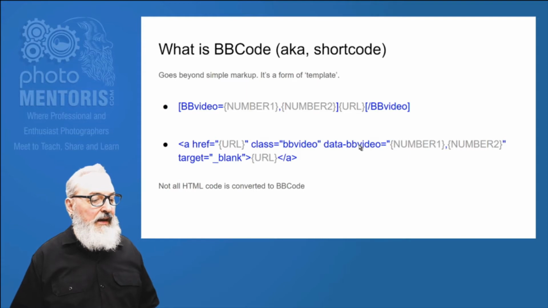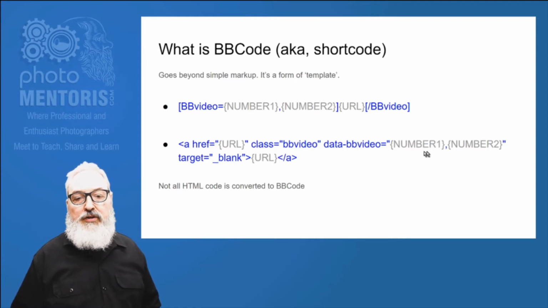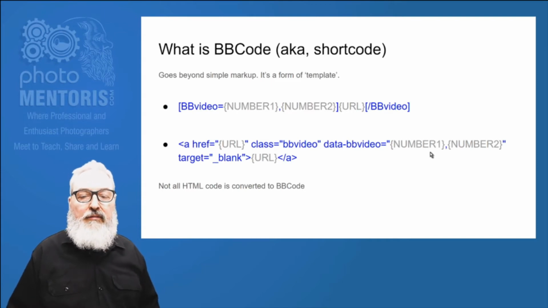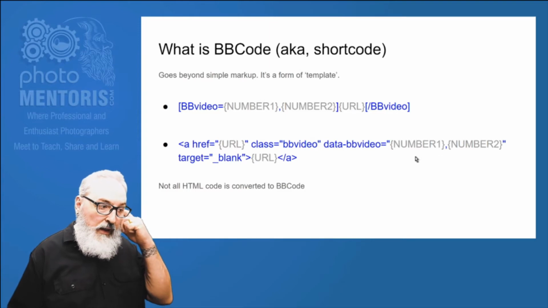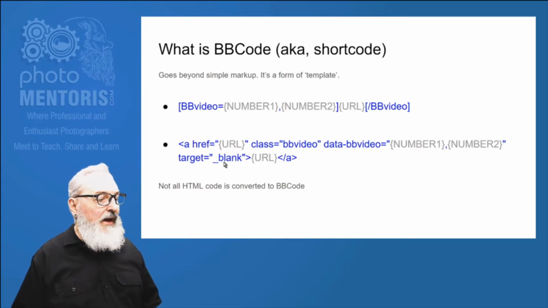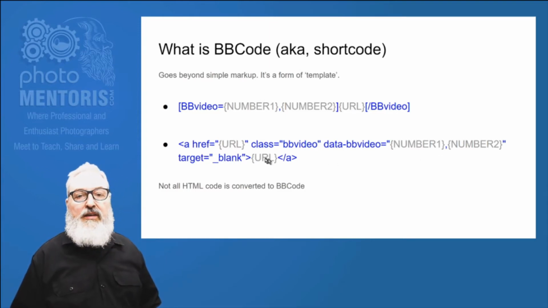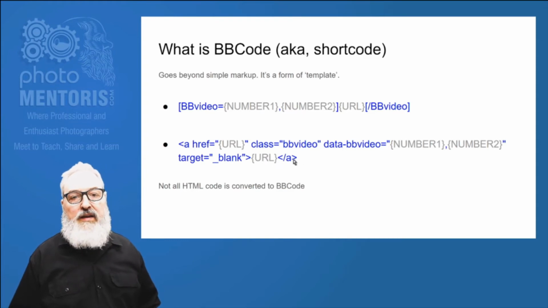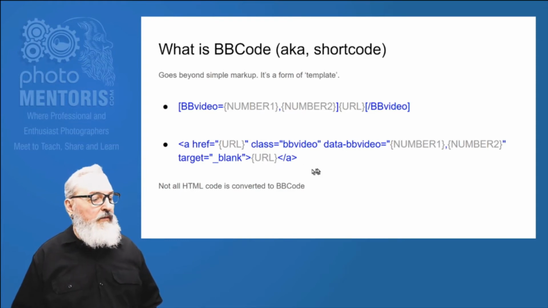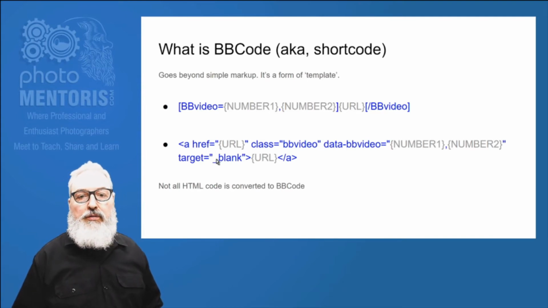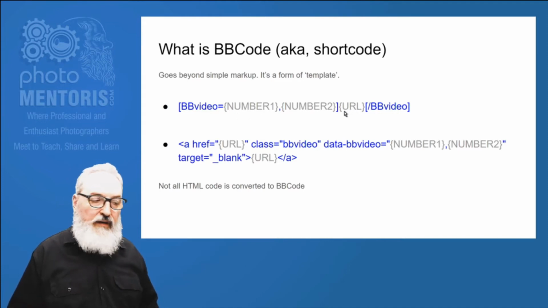The class and the data-video, and the numbers 1 and 2 will be the width and height settings for the video, and then where it's going to send you if you click on it, which is the URL, and then we close the anchor. So all of this HTML is written for you just by using that little shortcode with those three little pieces of information that you provide.